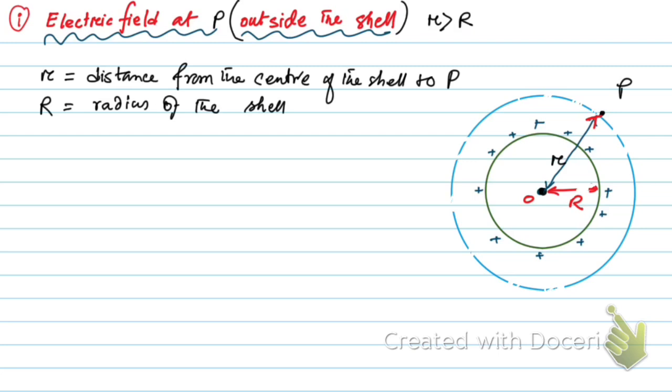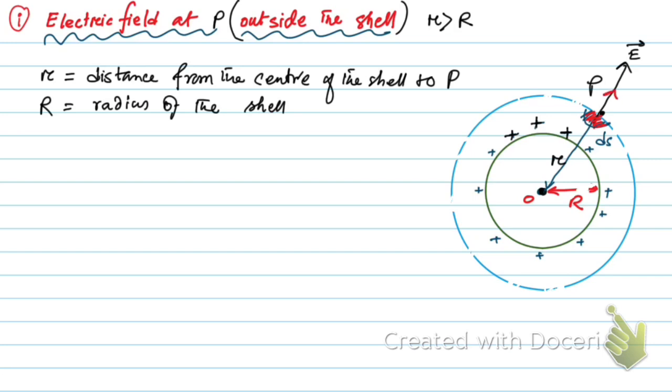Now let us consider a very small area element at the point P, that is ds. As I have considered this sphere positively charged, the direction of the electric field should be radially outward in this direction. The area vector of this small area ds should be directed in the direction of the electric field.